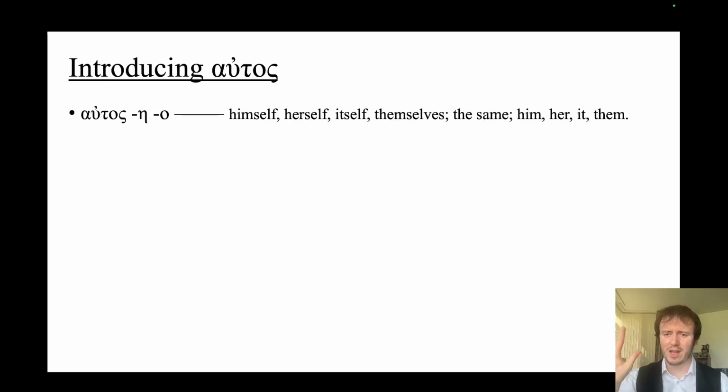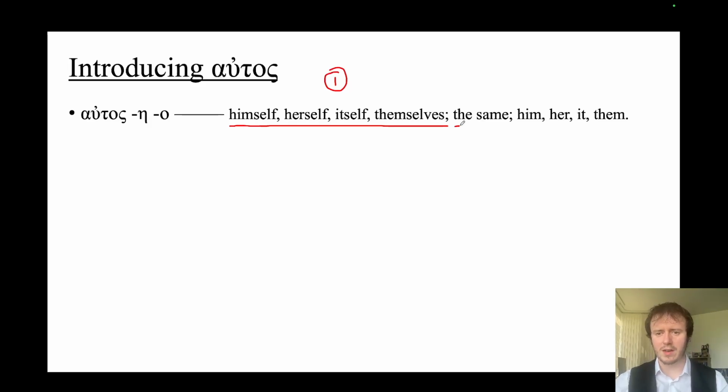There are 3 sets of meanings, really. You've got this first set, himself, herself, itself, and themselves. You've got this second meaning, which is the same. And you've got this third set of meanings, namely him, her, it, and them. So αὐτος does have a range of meanings.